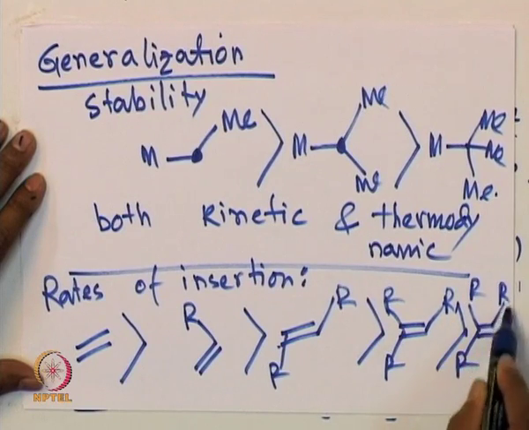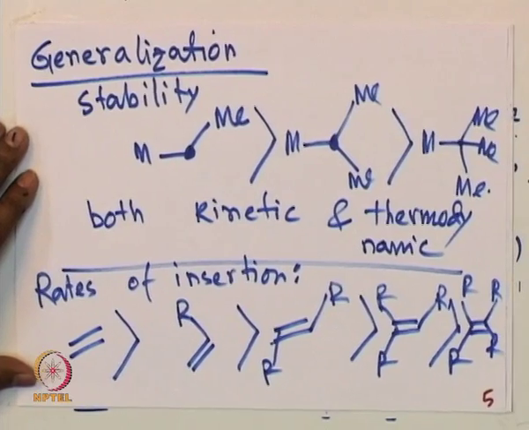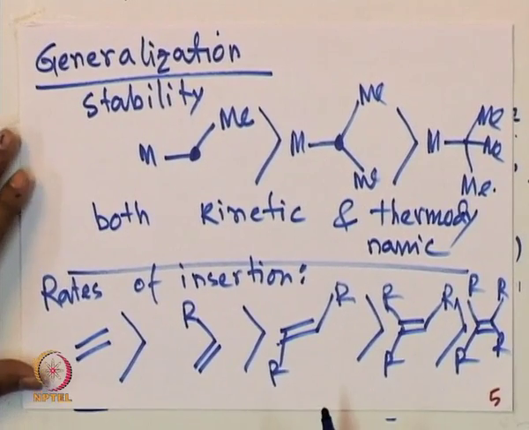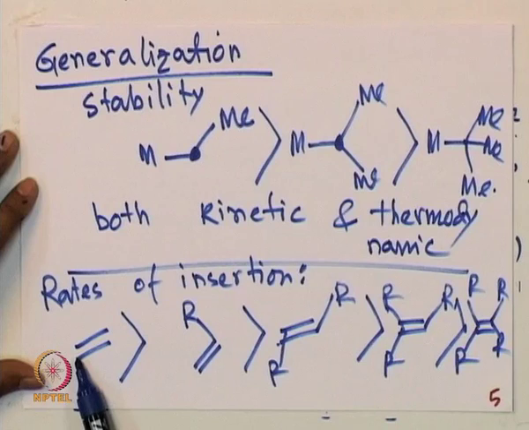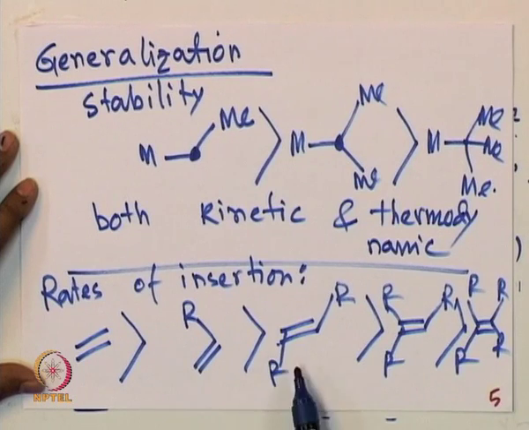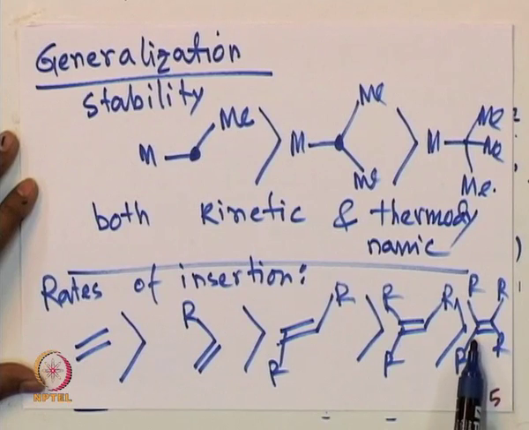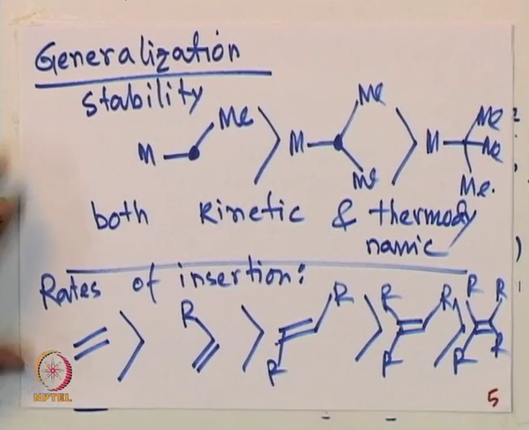Further steric repulsion, as you would understand, is going to make it very less stable. So, the unsubstituted one like ethylene will be the most reactive, then the mono substituted one, then di substituted, then tri substituted, and finally the tetra substituted one, right.